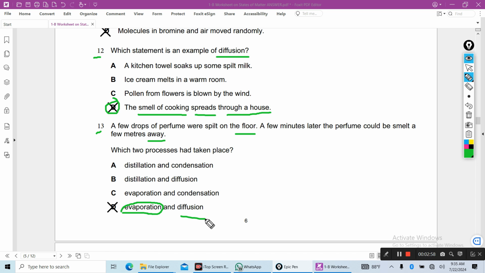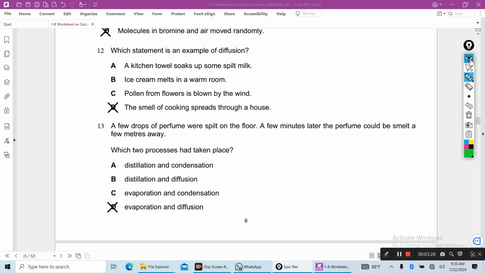So that's why a smell could be smelt a few meters away. So which two processes had taken place? Here evaporation takes place and diffusion happens. So A is wrong. Not distillation, not condensation. Distillation wrong, condensation wrong. So this is the correct answer.